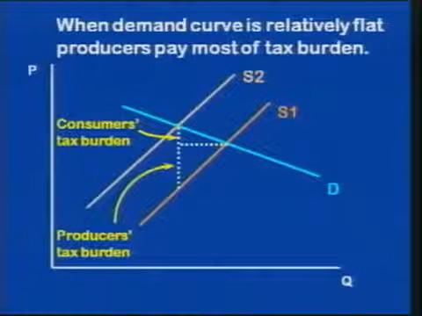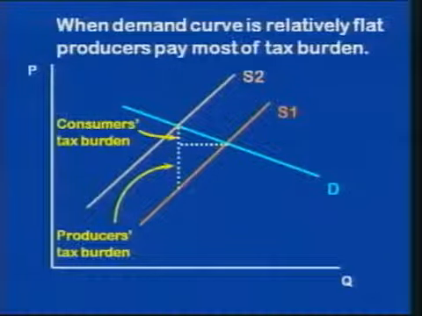If you have a not steep demand curve, then mostly producers pay the burden and consumers don't have to pay very much. So this, again, helps in deciding how you want to place taxes.